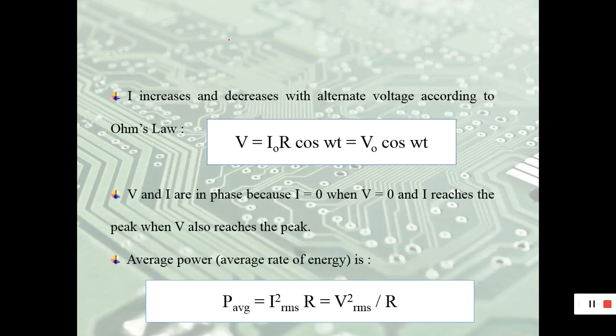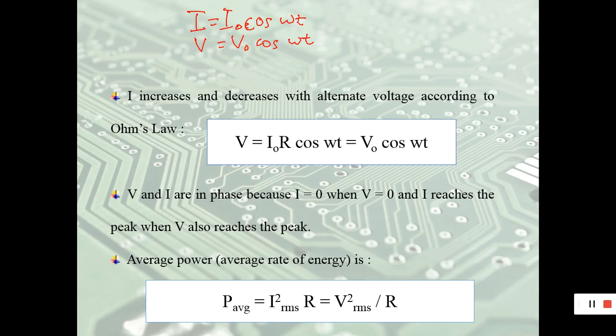Just now we have known that I equals I naught cos omega t and V equals V naught cos omega t. If you want to find the instantaneous I, let's say at 5 seconds, we use this equation.